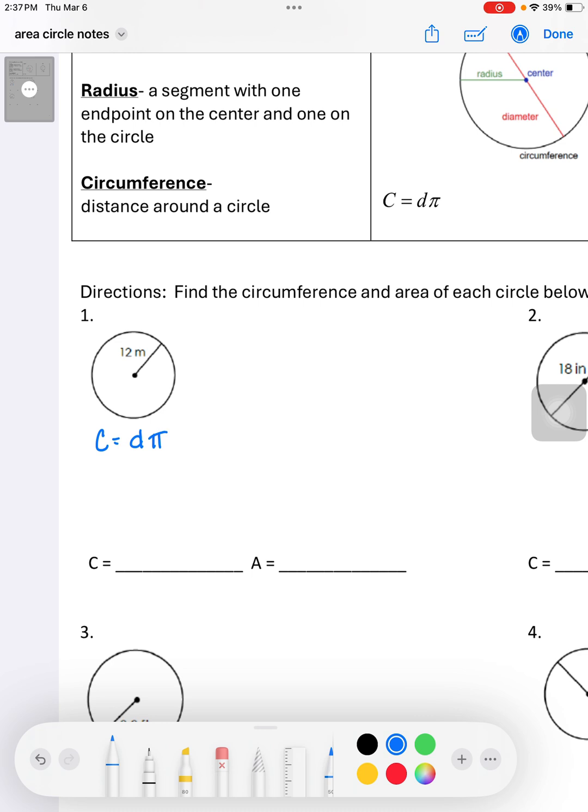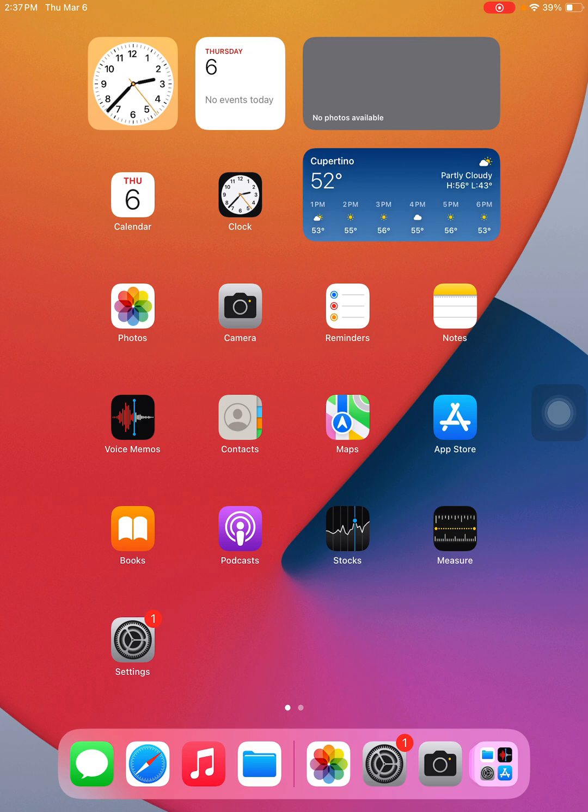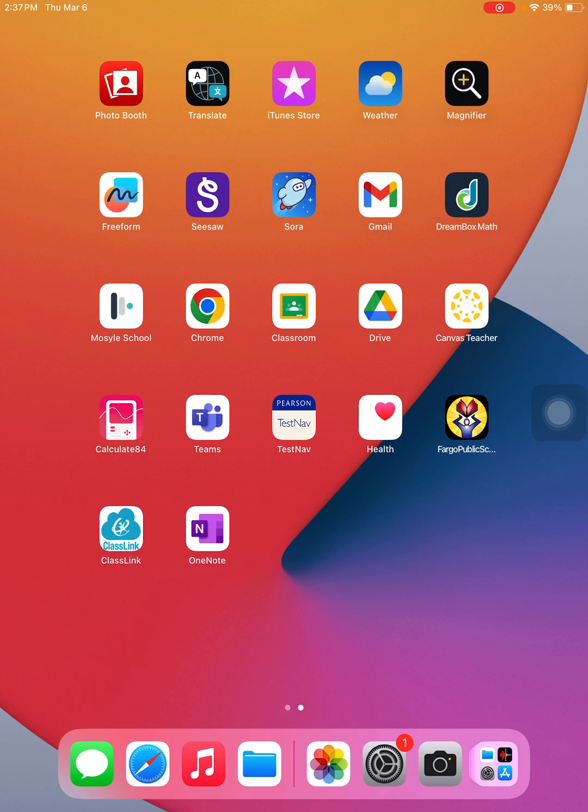So we have the radius, which is 12. So our entire diameter would be 24. So in terms of pi, our answer would be 24 pi. Then we use our calculator to get our answer in terms of nearest tenth.